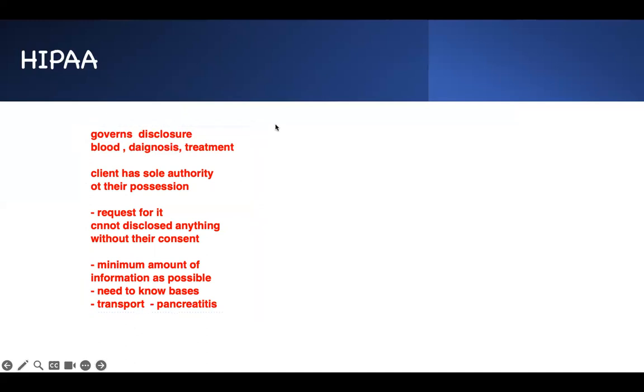This is where people get into trouble. Brother, sister, wife, husband, still have no right to look into the patient's medical record.